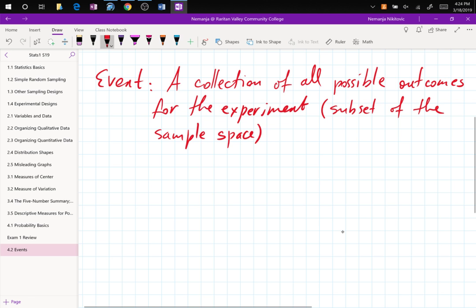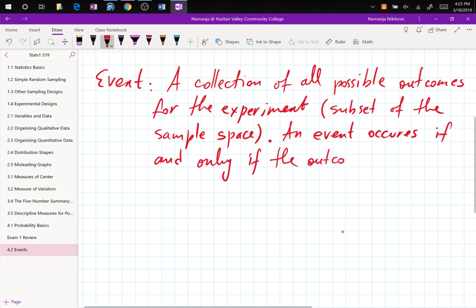An event occurs if and only if the outcome of the experiment is a member of the event.